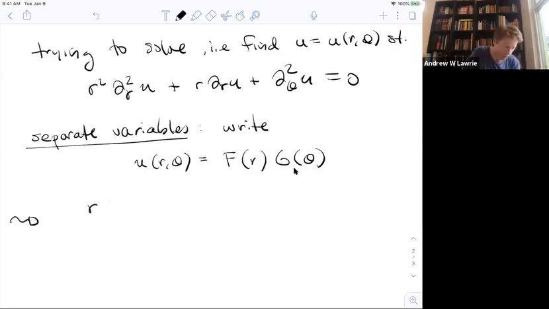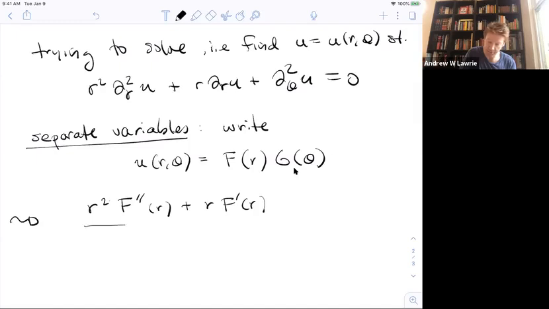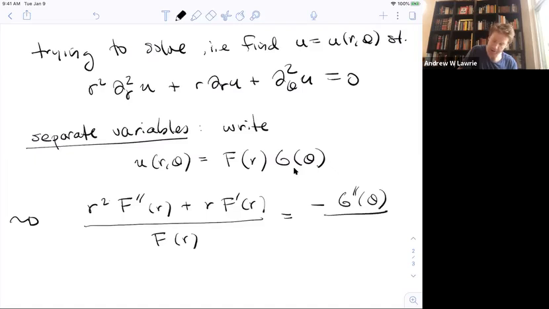I need r squared times F double prime of r plus r times F prime of r, this is the radial Laplacian of F, multiplied by r squared, divided by F of r, is equal to minus G double prime of theta divided by G of theta.